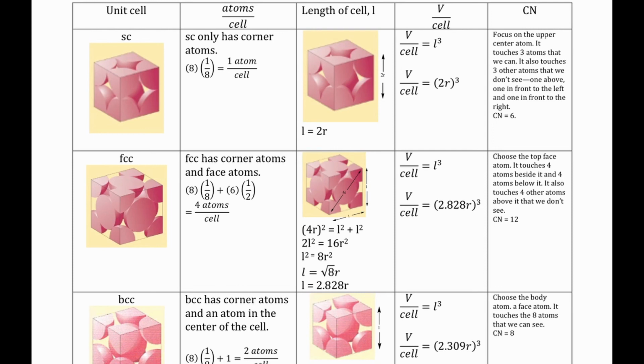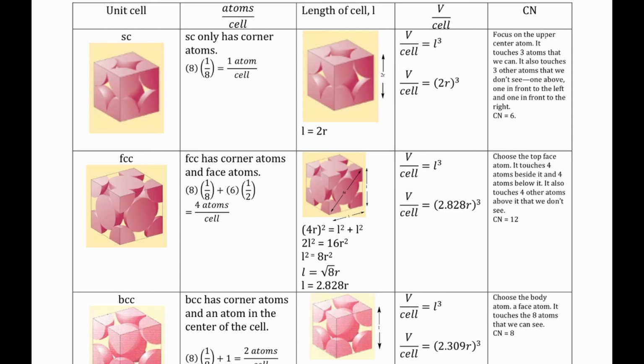Okay, coordination number. Alrighty, so for simple cubic, focus on the upper center atom, the one that's most center in that picture of the unit cell. It touches 3 atoms that we can see. It also touches 3 other atoms that we don't see. You just have to imagine them.